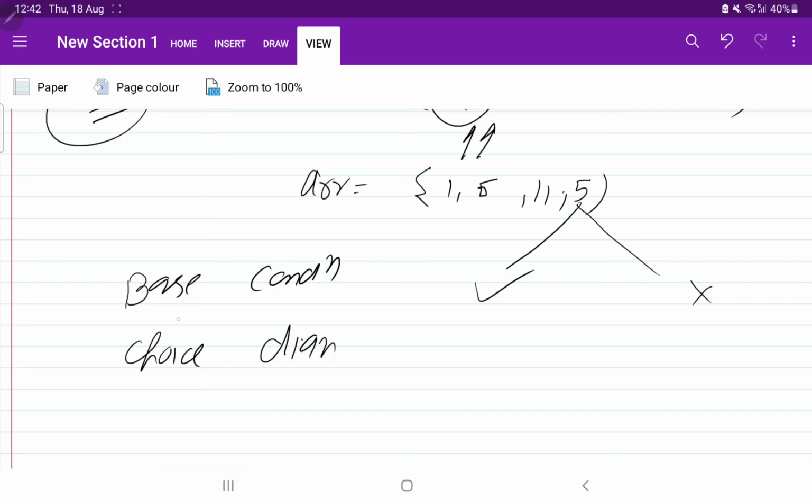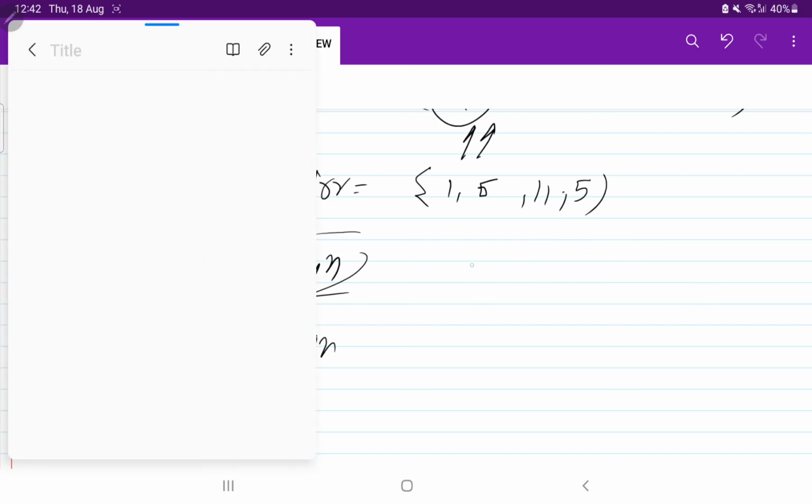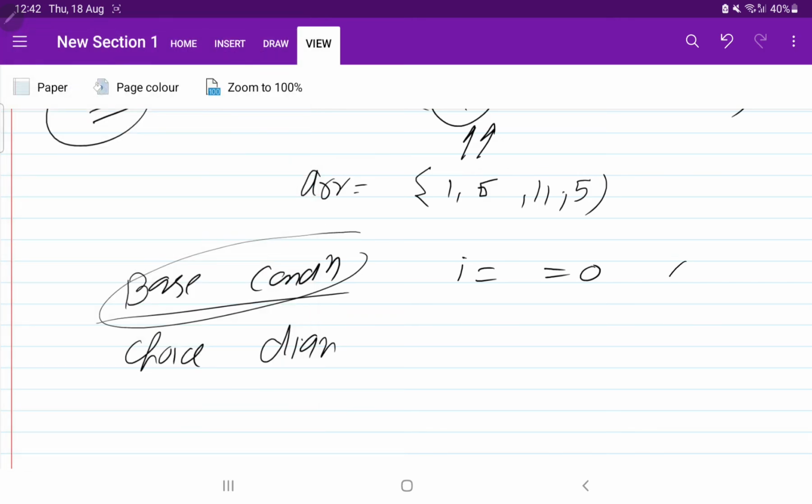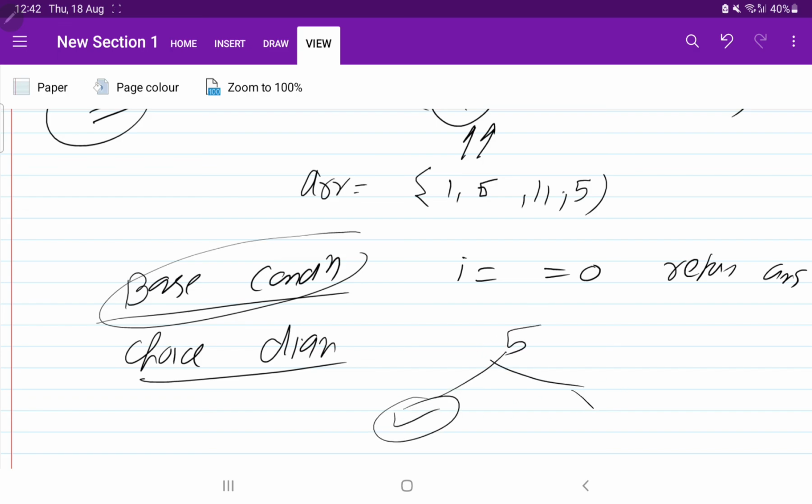The base condition was that if I equals 0, then we need to return the answer. For the choice diagram, we need to decide whether we should take 5 or not. We have taken that and called recursively, and at the end we return the solution. I hope you got the solution. Thank you.